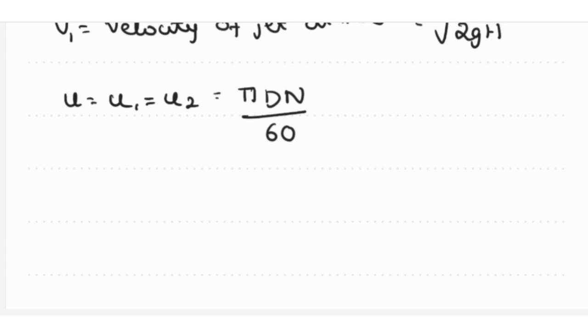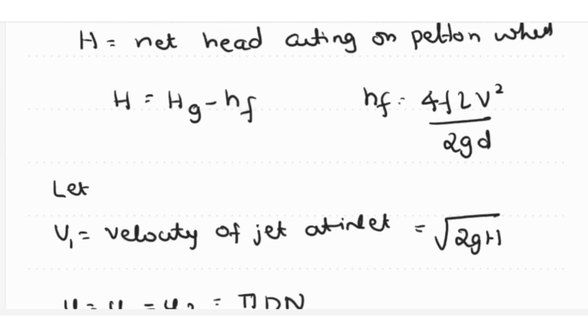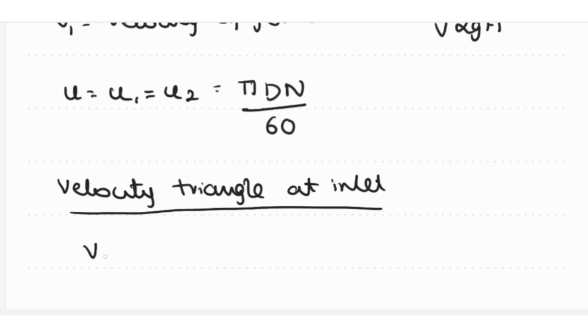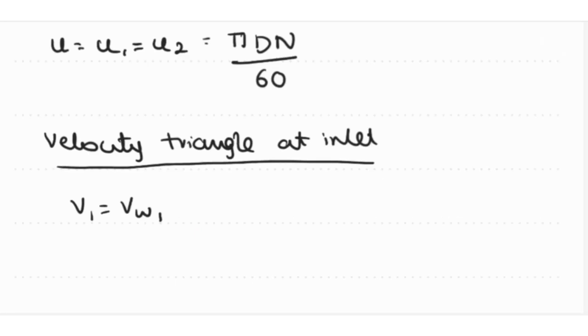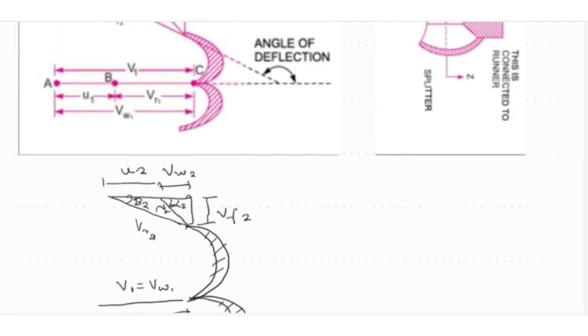Here, if you go with the inlet velocity triangle, you can see V1 is the velocity and V1 will be equal to Vw1. The relative velocity Vr1, from the figure, is equal to V1 minus u1.